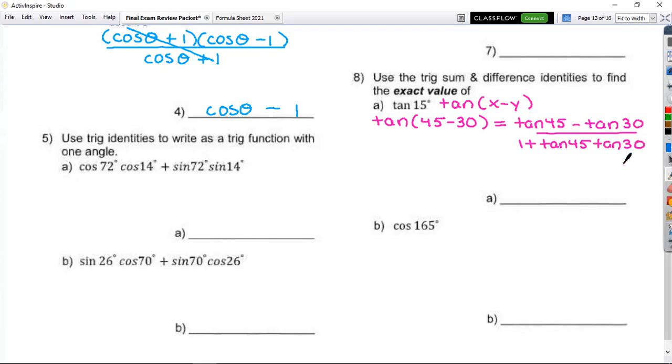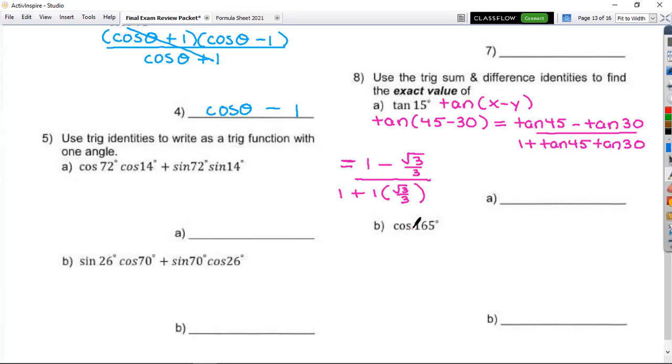Actually, the tangent of 45 is really nice. Do you guys remember? 1. Good. So this is equal to 1 minus the tan of 30 is not nice. So it's irrational, radical 3 over 3, divided by 1 plus 1 times radical 3 over 3. And I'm just going to neaten this up a little bit.